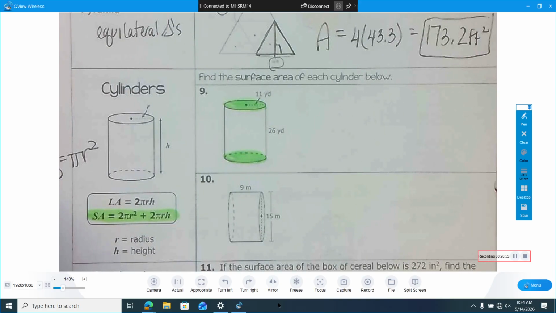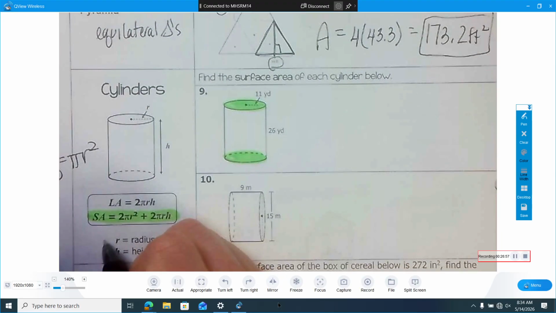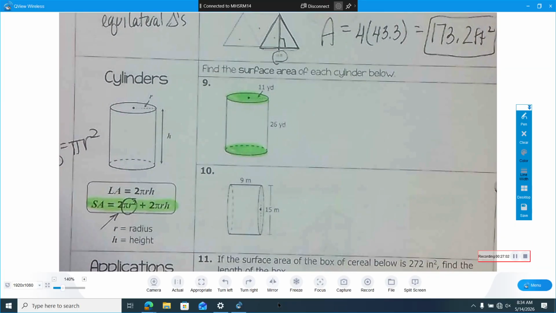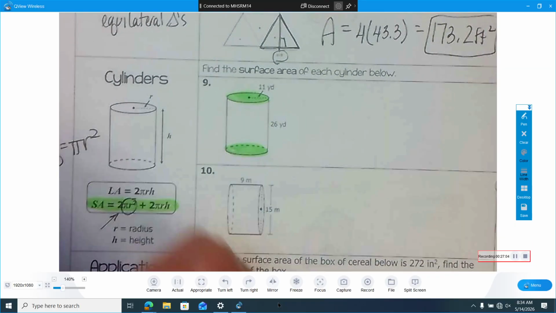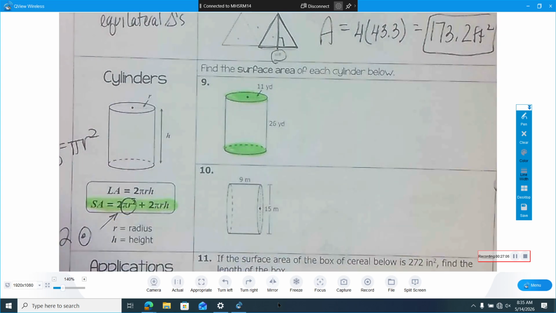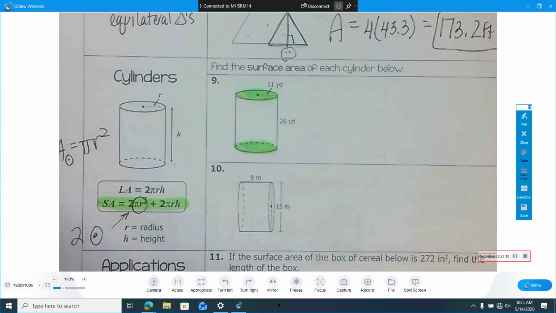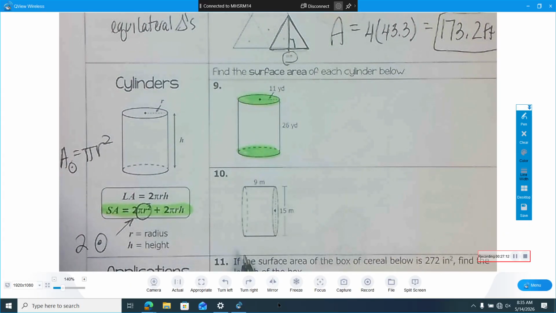So I need how many circles? 2. And what's pi r squared? The area of a circle. So we've got 2 areas of circles.